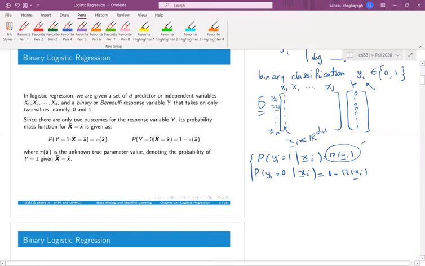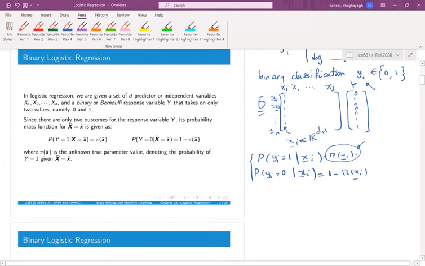When we want to find a good classifier, what we are trying to do is find this function pi, a function that, if we apply it to xi, can give us the probabilities of class labels accurately. So our goal is to infer this pi.